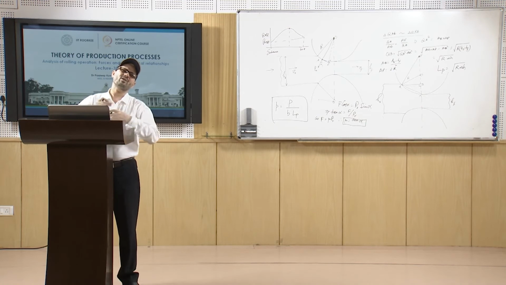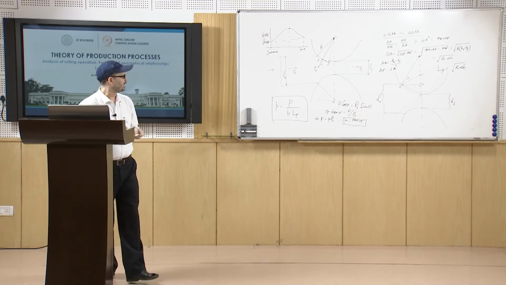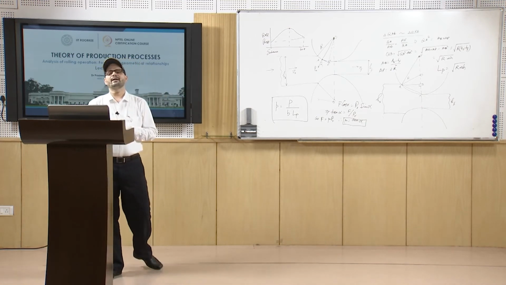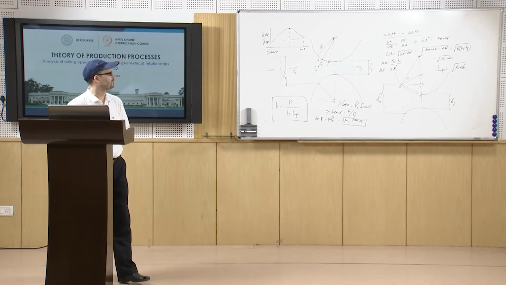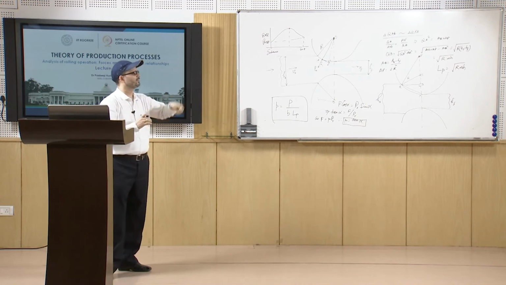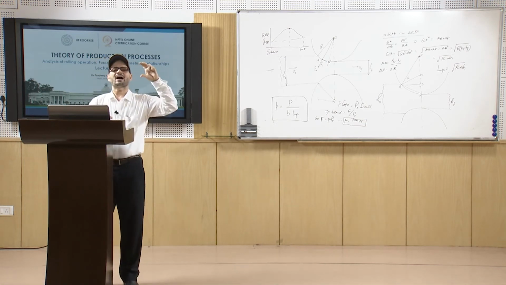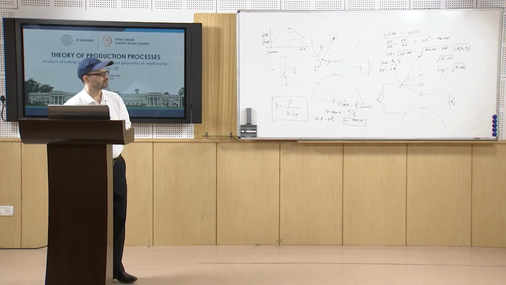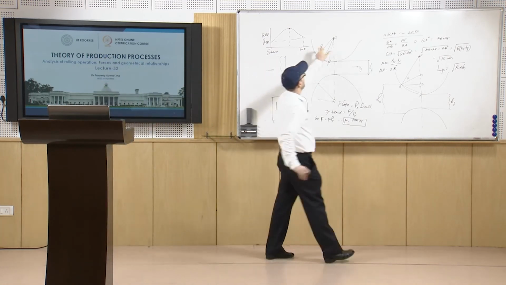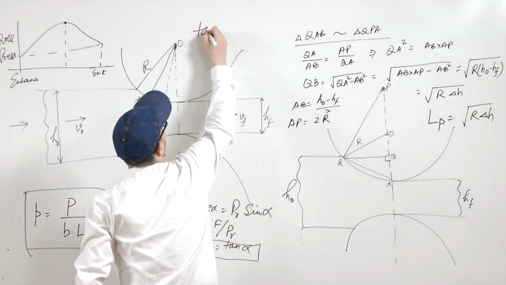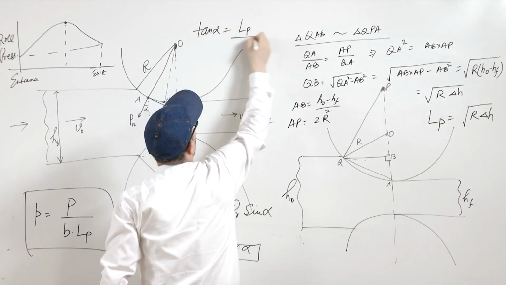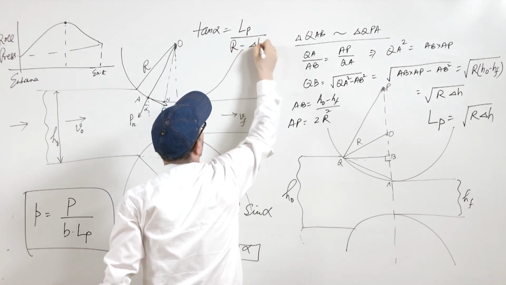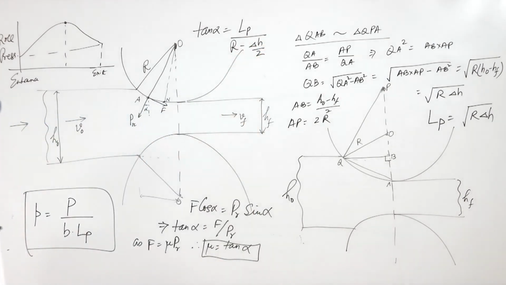You can also find delta H maximum, if you find the expression for tan alpha. Tan alpha will be basically LP divided by R minus delta H by 2, because you will have this projected length.